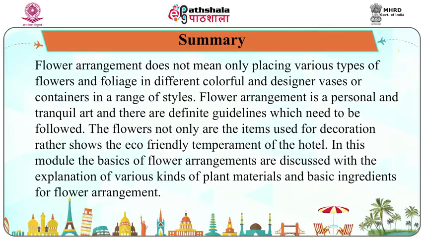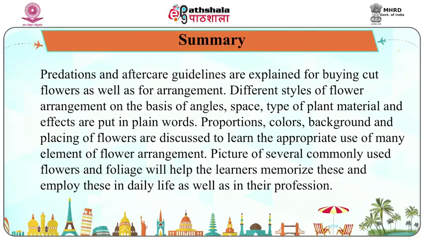In this module, the basics of flower arrangement are discussed with the explanation of various kinds of plant material and basic ingredients for flower arrangement. Preparation and aftercare guidelines are explained for buying cut flowers as well as for the arrangement. Different styles of flower arrangements on the basis of angles, space, type of plant material and effects are put in plain words.